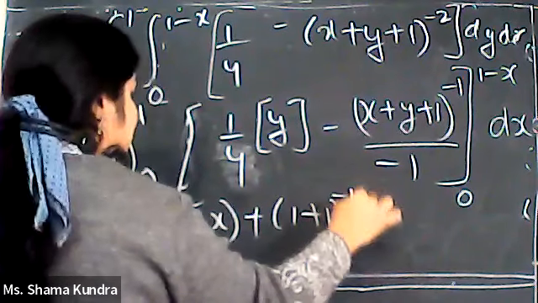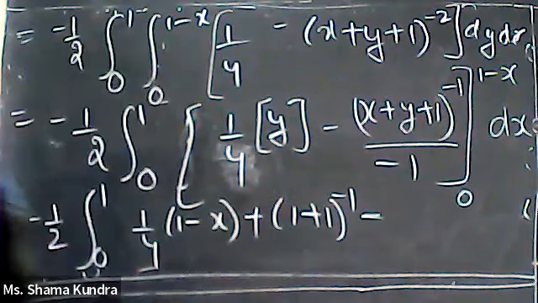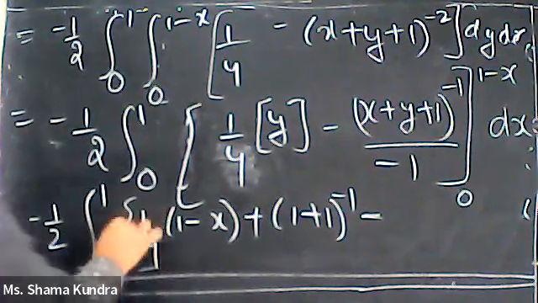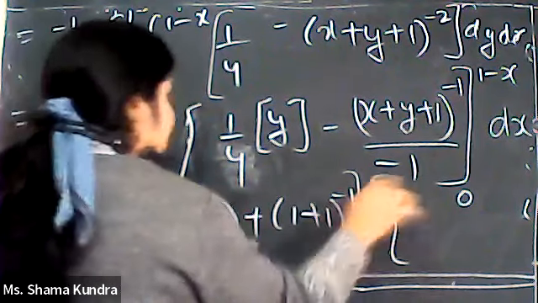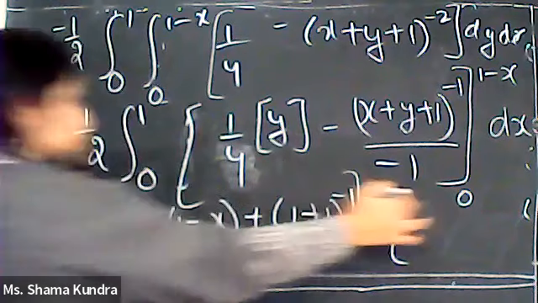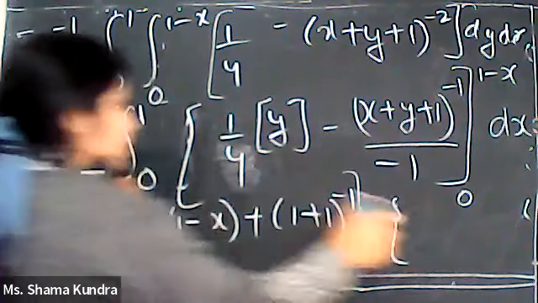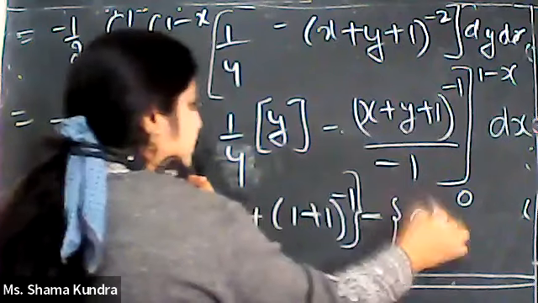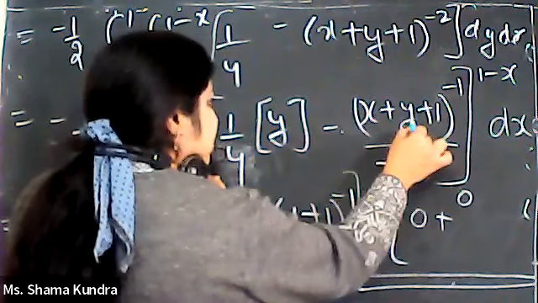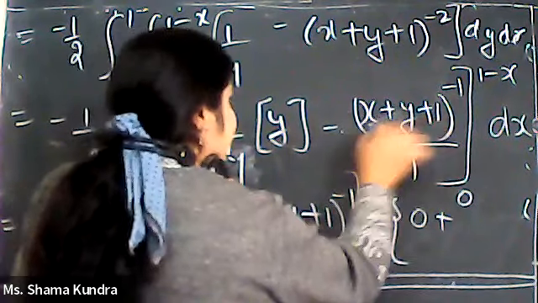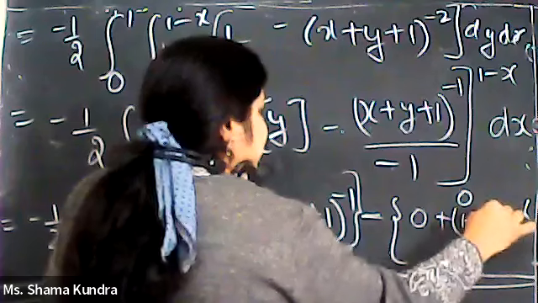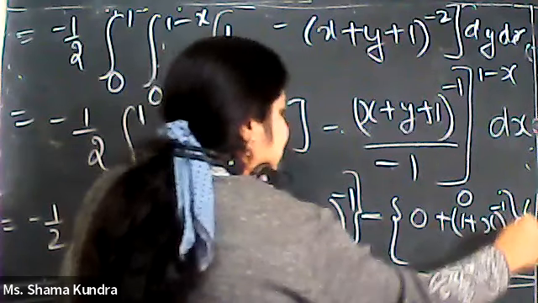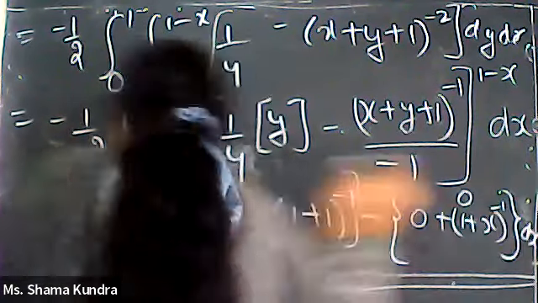This is the upper limit. Now for the lower limit, put y equals 0. We are left with 1 plus x, raised to power minus 1, and here it is dx.